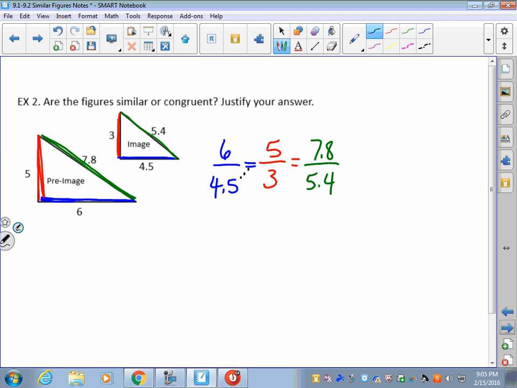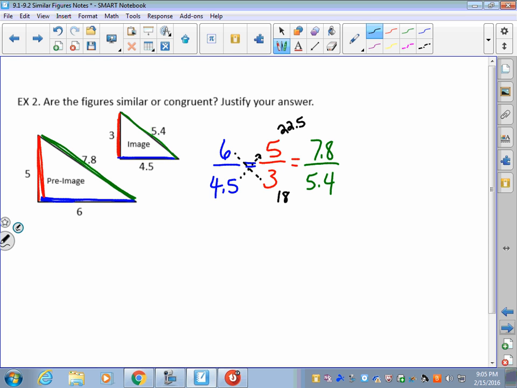So if I do the cross products here, 4.5 and the 5, and then the 6 and 3, this was 22.5, and this is 18. Already I see these are not the same.